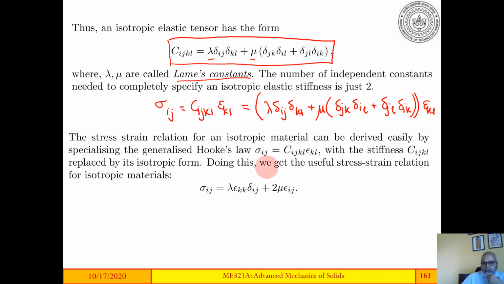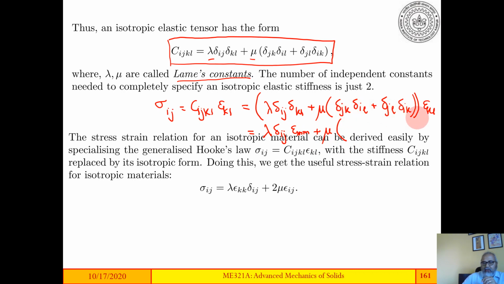And this will lead to, just let's do the multiplications. So lambda times delta ij, delta kl epsilon kl will give you epsilon, let's say mm. So I'll have delta ij epsilon mm from the first multiplication. Then I have mu times delta jk delta il.